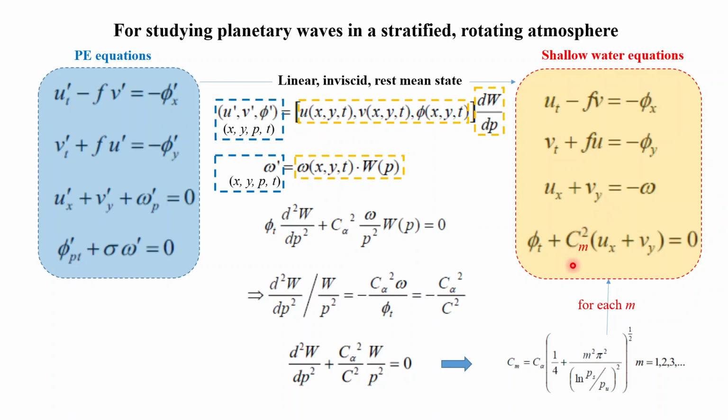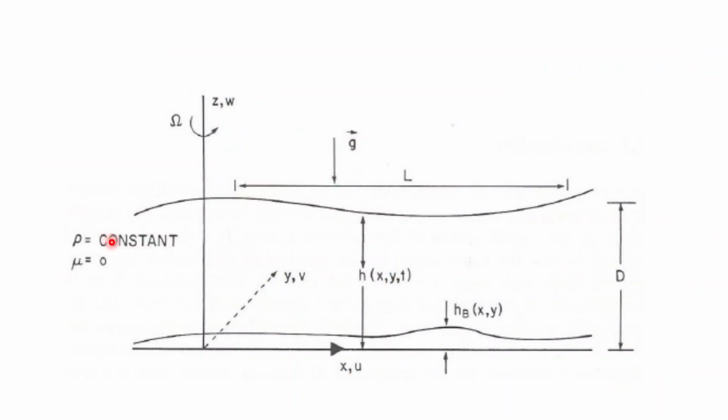Okay. For the next few slides, we follow Pedlosky's textbook, Chapter 3. It gives you a very systematic approach to derive an approximate set of equations for the shallow water. Okay, so this is the rotating coordinate for the shallow water.